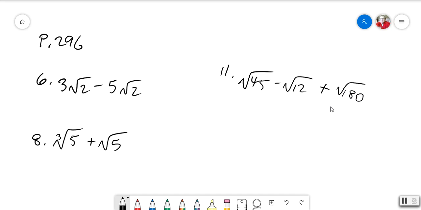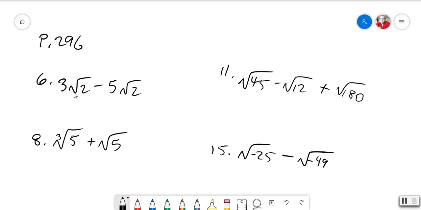Okay. And let me see. Just for kicks, the number 15. The square root of negative 25 minus the square root of negative 49. I'll do a couple others, but we're going to start with these.